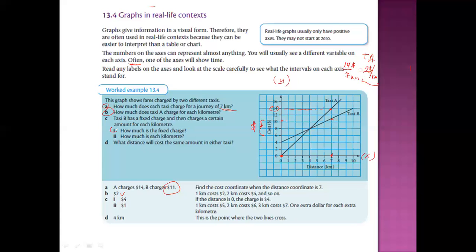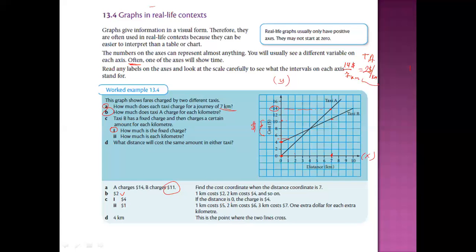The first question: how much is the fixed charge? It's $4. Why? Let's show it. Where's taxi B? Taxi B is here. It's starting with $4. After 1 kilometer, it will take approximately $5, and after 2 kilometers, it will take $6.